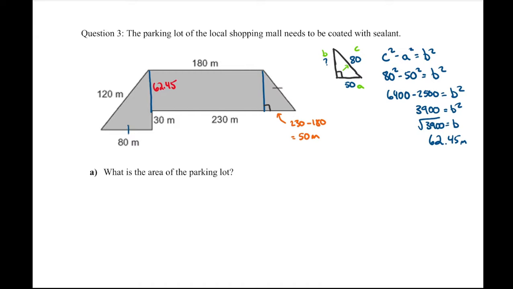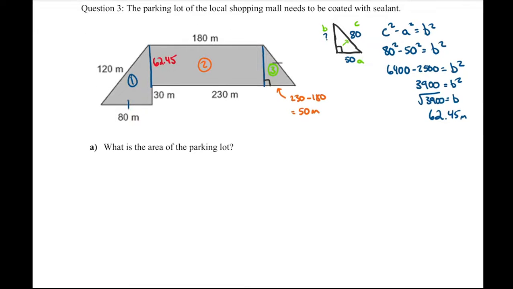And now we should have all of the measurements that we need to calculate the area of our three shapes. So again, shape 1, shape 2, shape 3, and then to find the total area, we would add them all up. So, shape 1, we have a triangle. The area of a triangle is base times height divided by 2. In this case, my base is 80. I'm going to multiply it by my height.